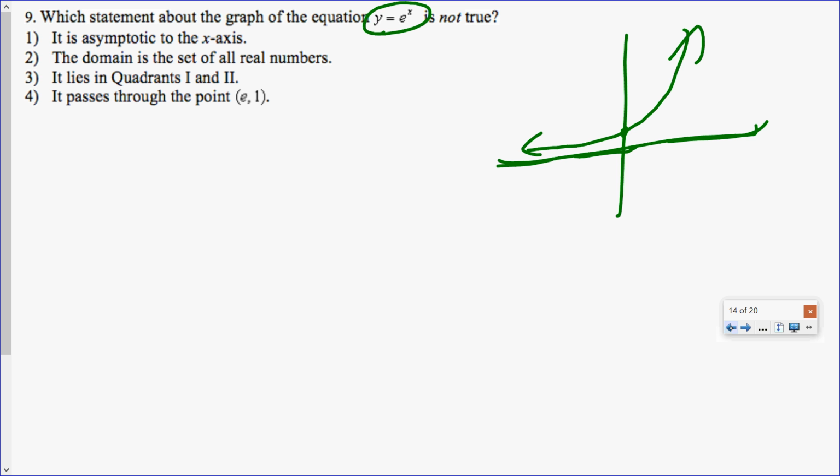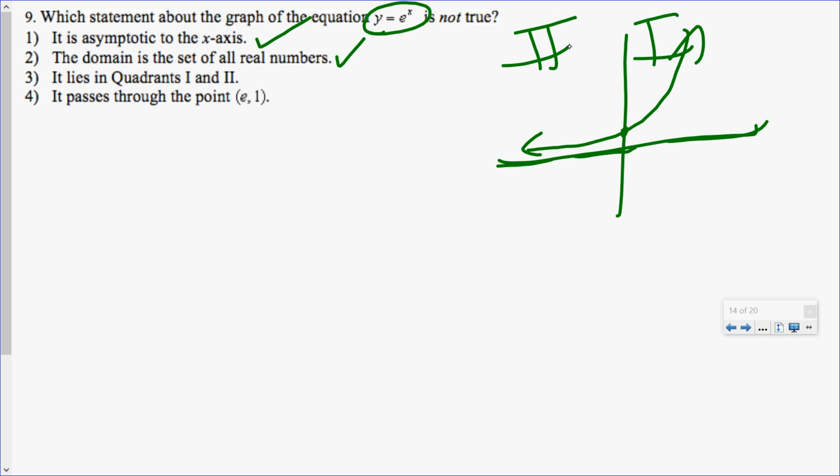Now that you tried number 9 on your own, which statement is not true? So let's see what's true and what's not. It's asymptotic to the x-axis. Yes, the x-axis is an asymptote. That is correct. The domain is all real numbers. Yes, the domain is going from negative infinity to positive infinity, all real numbers. It lies in quadrants 1 and 2.